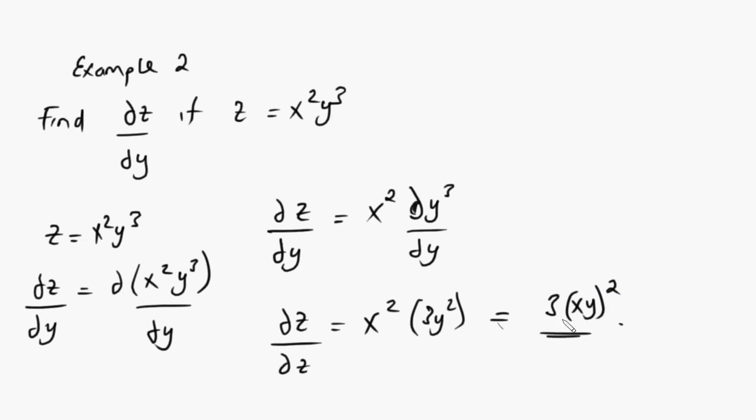So I have found the partial derivative of z with respect to y. Okay, so this one is my partial derivative of z with respect to y. So let's see another example now. Okay, call this example 3.